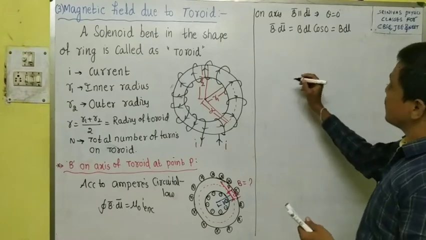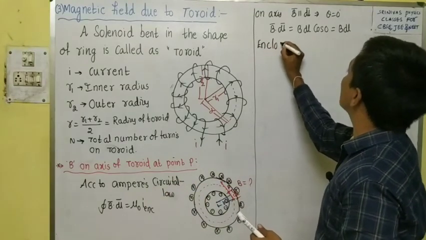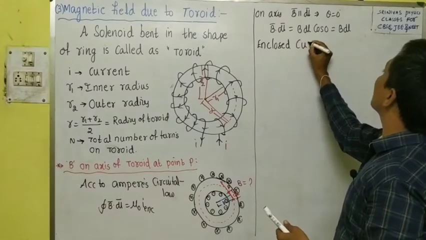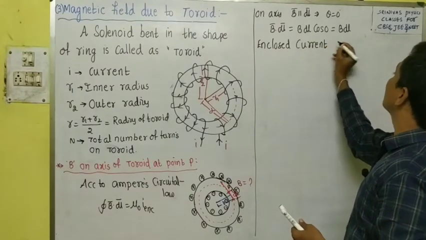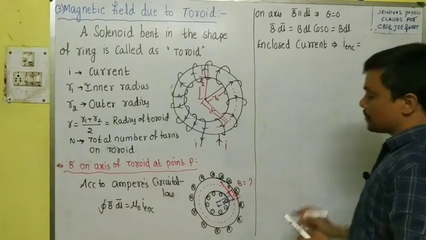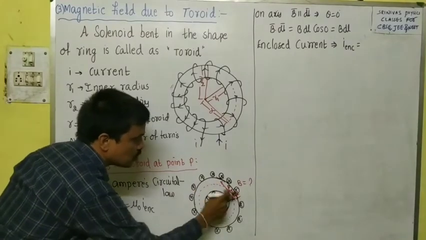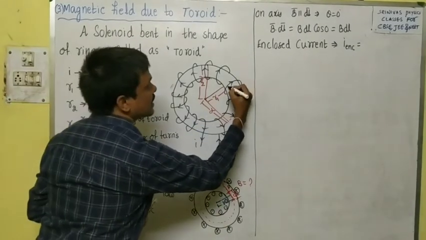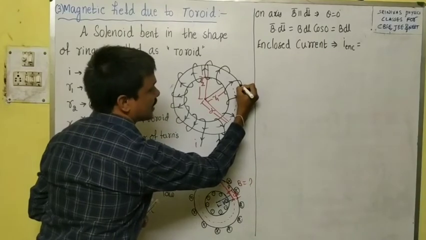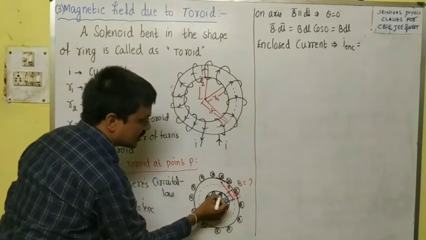And this we substitute. What is the enclosed current? Let us find the enclosed current like this. Look here, this is the closed loop. Here the current is entering, that's why there is a cross; here the current is leaving, shown by a dot.